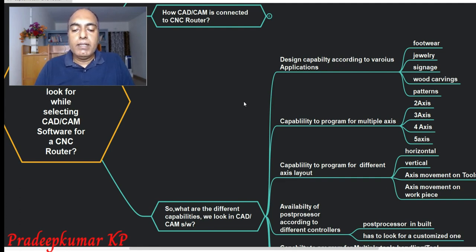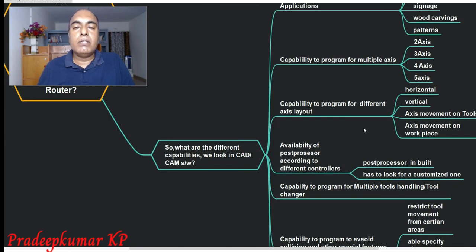Then the other one is the availability of post processors for different controllers. Some software has a lot of inbuilt post processors for different types of controllers. So you can check that your software can provide post processing for your particular machine. Generally for low-end machines, most software will have that capability, and even generic codes will work.